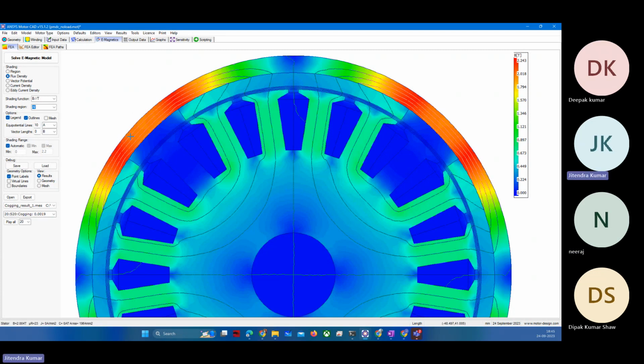If you are a good designer, you wouldn't allow it to go up to 2.2, unless you have some other motive or constraint that you cannot go beyond this limit. So what should you do? You should increase the width of the stator core, and that should be sufficient to reduce it.